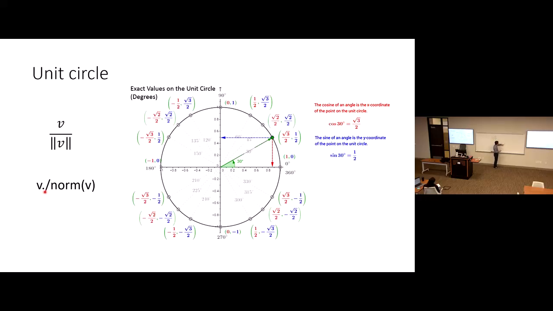Basically, this is a single number, say 5. So this vector's length is 5. So you divide by 5. Basically, you have your first value divided by 5, second value divided by 5. So you create a normalized version of your vector.